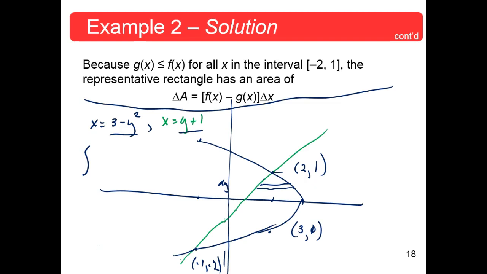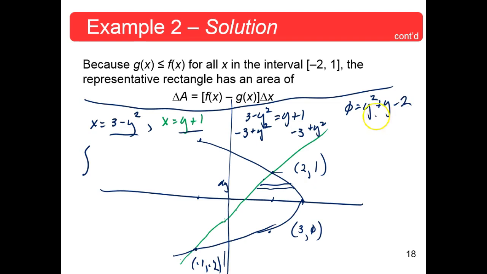Now, perhaps we should have gone back. This was a really good problem to actually calculate the point of intersection. So let's do that. 3 minus y squared is equal to y plus 1. Now what I would do is add y squared to both sides and subtract 3. So this gives me a 0 on the left, and that's equal to y squared plus y minus 2.